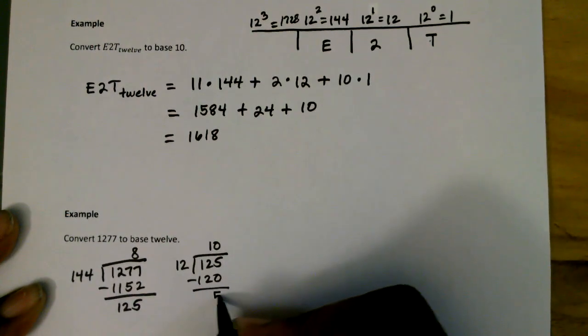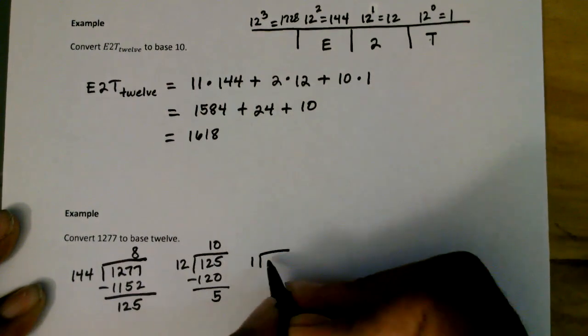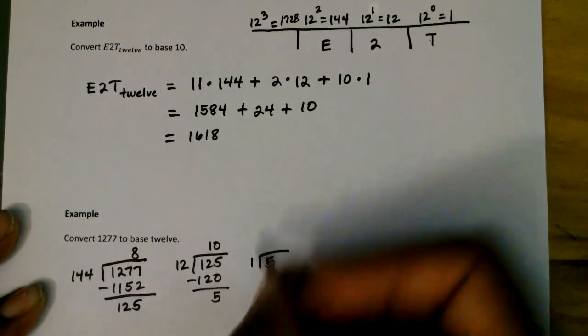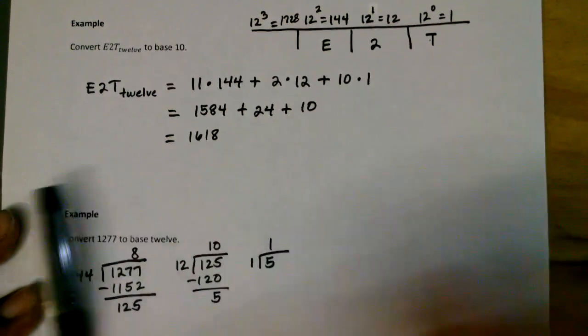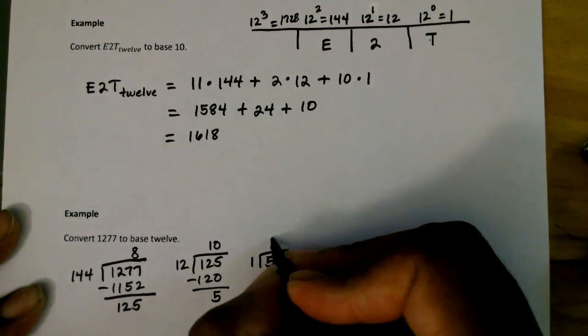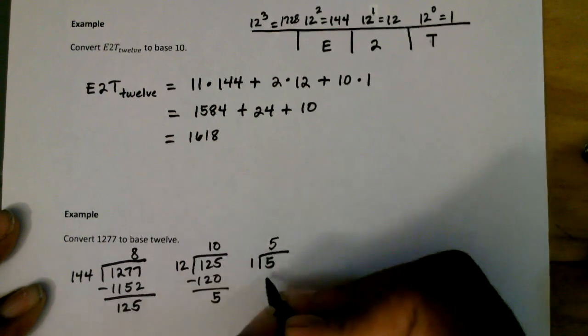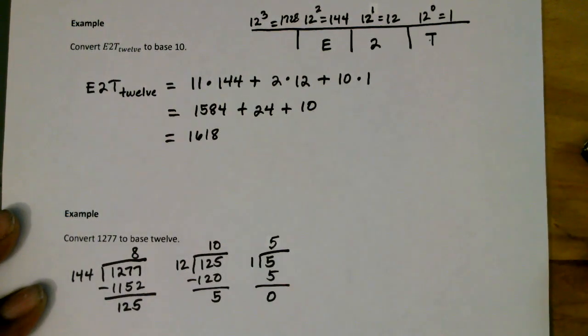Subtract 120 from 125, you'll get 5. And then take the 5 and divide that by 1, which is the last place value. Well, 1 goes into 5 five times. 1 times 5 would be 5, that would be a 0 remainder.